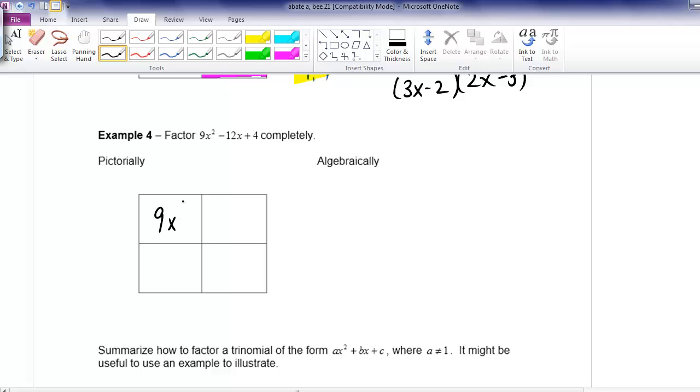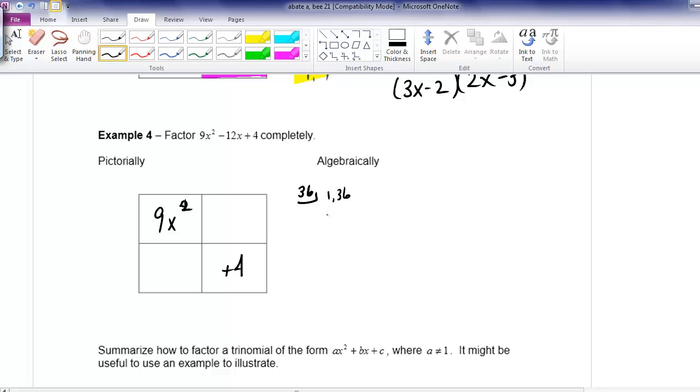And again, everything's completely. So we're going to have 9x squared and 4 there, and we're going to break apart the middle term by multiplying 9 times 4, which is 36. What are the factors of 36 that add up to negative 12?